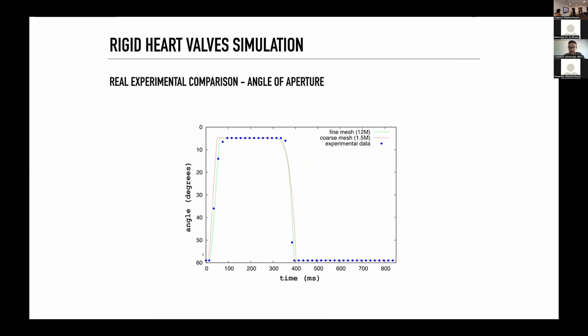This is the angle of closure of the valves. The blue dots indicate the experimental data, and the red and green lines indicate the simulations. The simulations are good enough. But this fine mesh of 12 million elements is closer to the experimental data than the coarse mesh, which is the red line. Of course, both are okay.